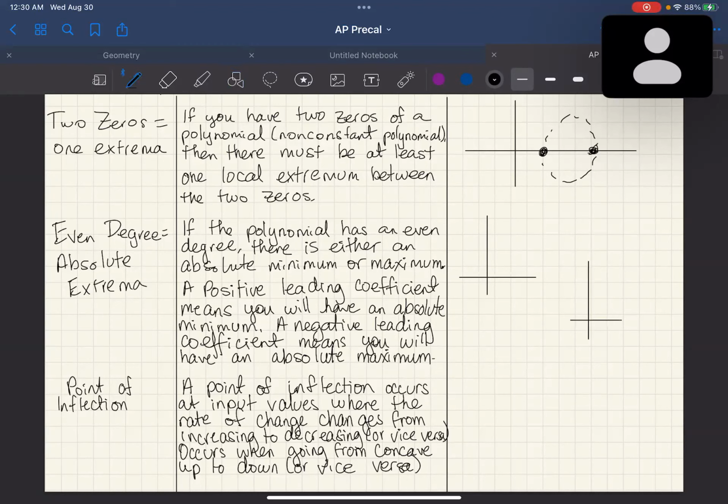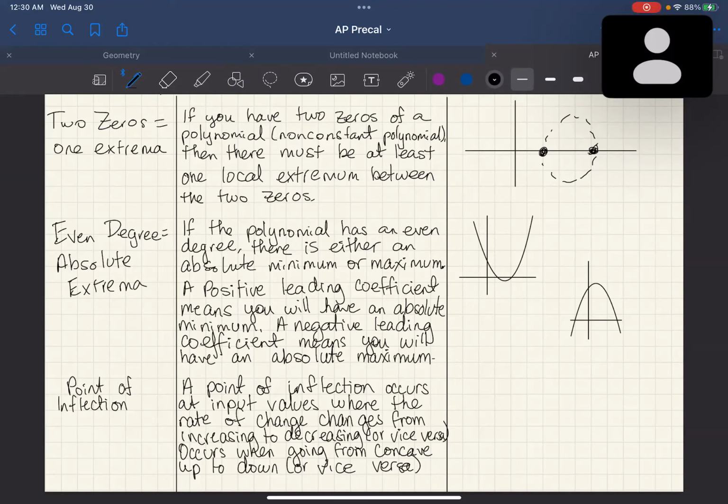If I had a positive leading coefficient, that means my graph is going to concave up, meaning I'm going to have a minimum, right? If it concaves up, I have to have a minimum. Or if my graph is concave down with a negative leading coefficient, then it's going to be a maximum, okay?